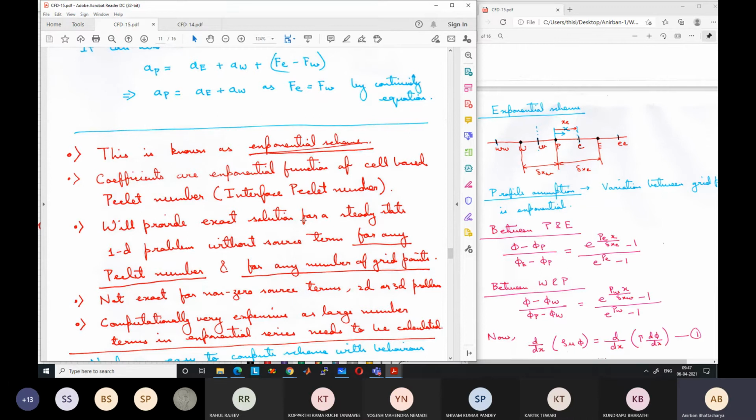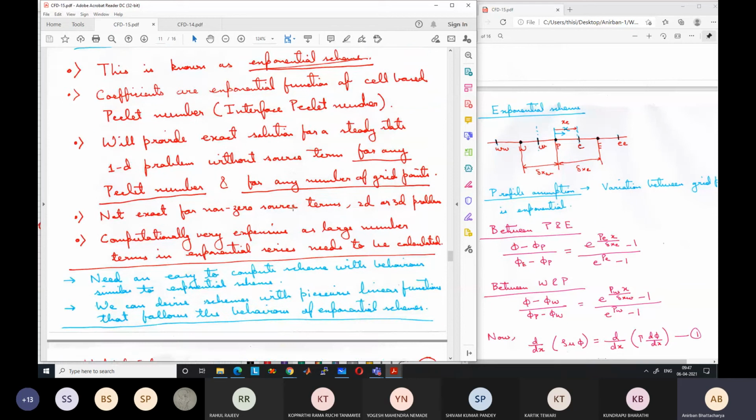And that is true for any Peclet number and any number of grid points. This is important. Even if I have only 3 grid points or 2 grid points instead of a large number of grid points, still this is going to be 100% accurate for this simple problem of 1D steady state without source term.